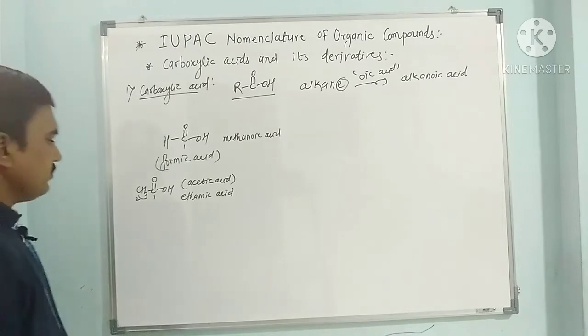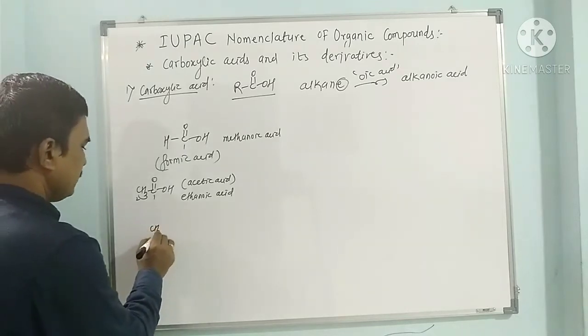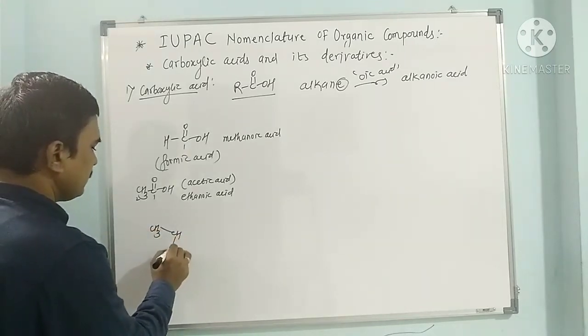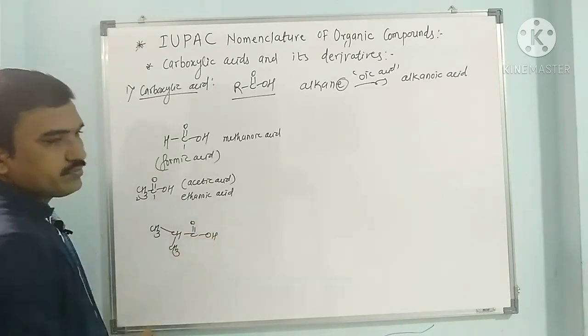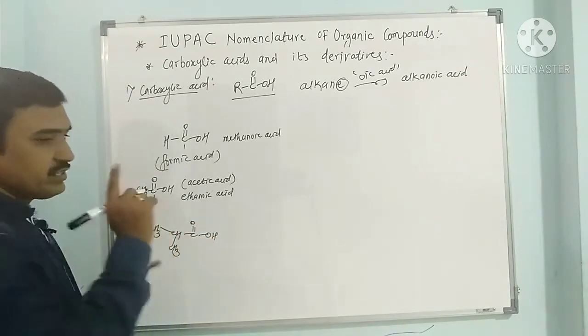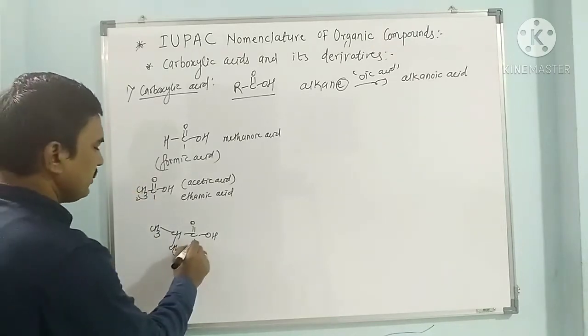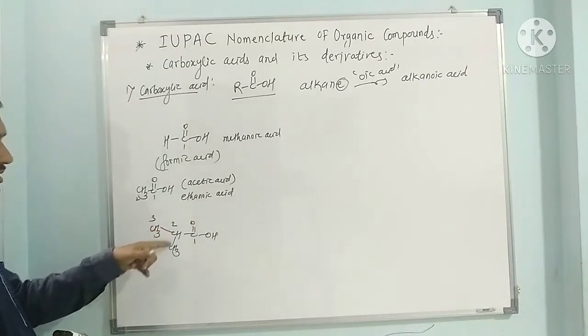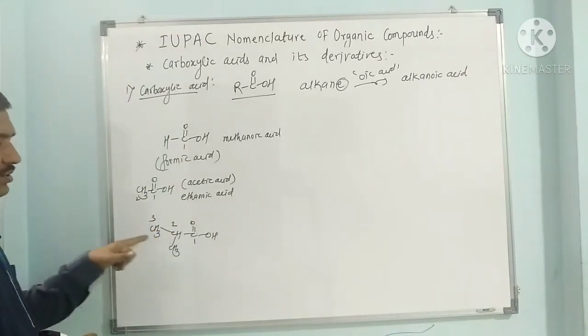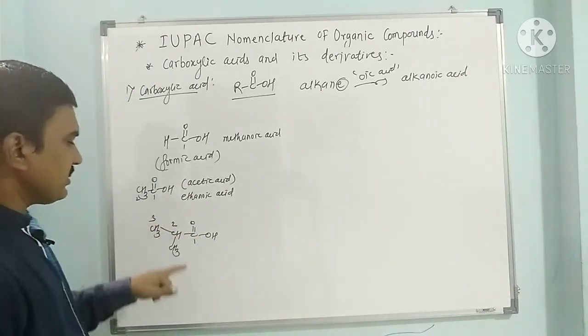Now the next compound, CH3, CH, CH3, COOH. How many carbons in a straight chain? Always give the first number to the carboxy carbon. 1, 2, 3. 3 carbons are there. But the second carbon has a methyl group. So because of the 3 carbons, it is propanoic acid.